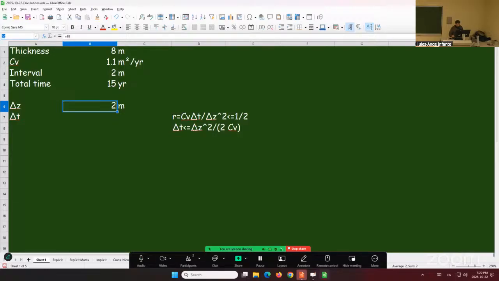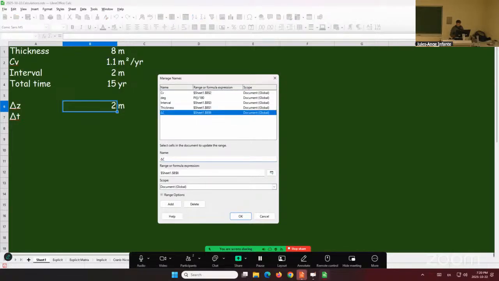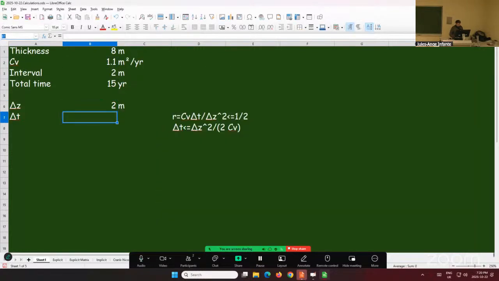Oops, not zeta, but Z. And this one will be called delta T. So that's delta T, that's equal to delta Z squared divided by 2 times CV. And therefore delta T must be 1.8 years.